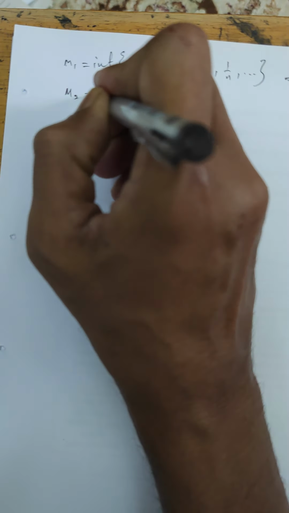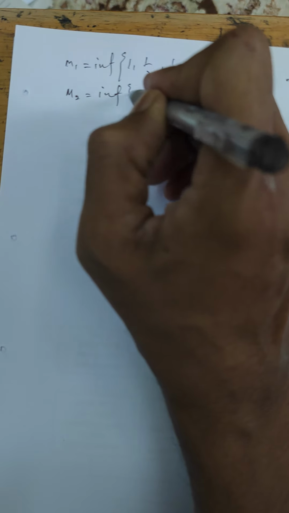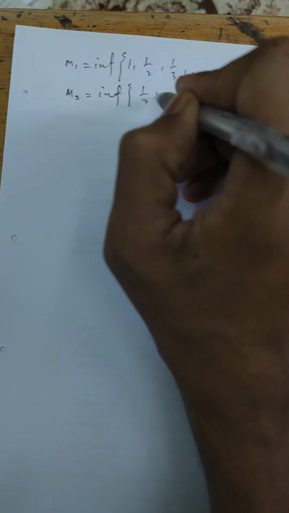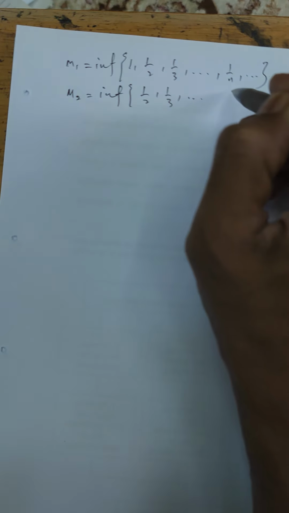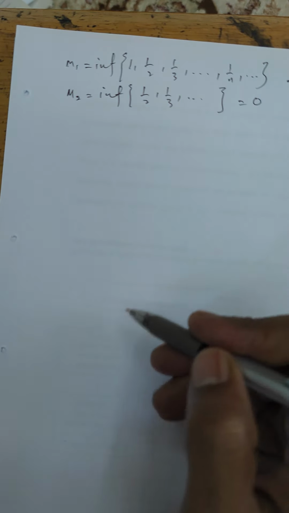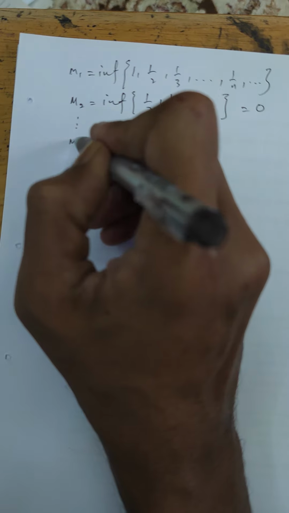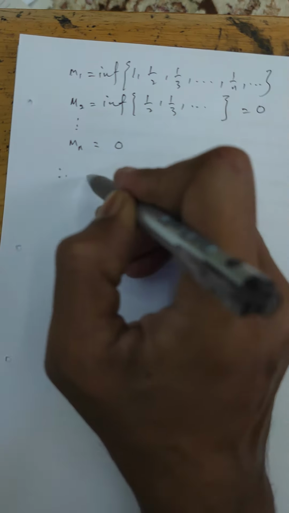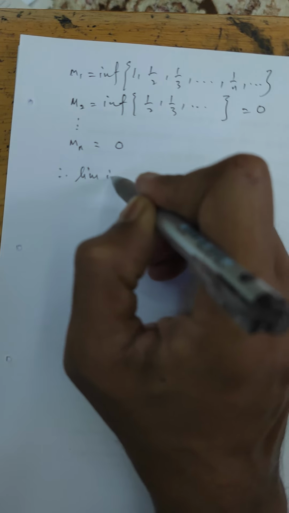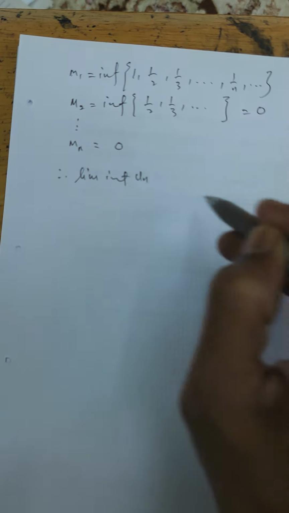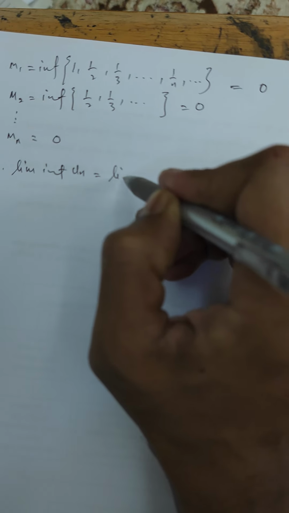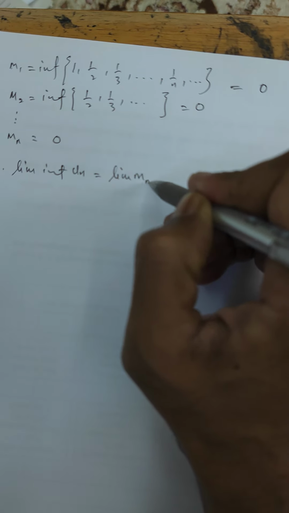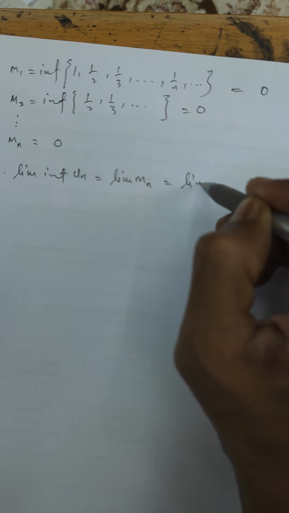And you can find m2 by doing the same. m2 is the infimum of half, 1/3, and so on. You also get 0 here. And later on, up to the nth term, you also get 0. So therefore, if we take the limit infimum of Un, this is equal to the limit of mn. This is just the limit of 0, which is 0.